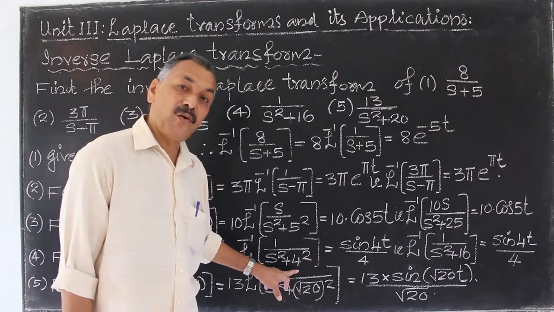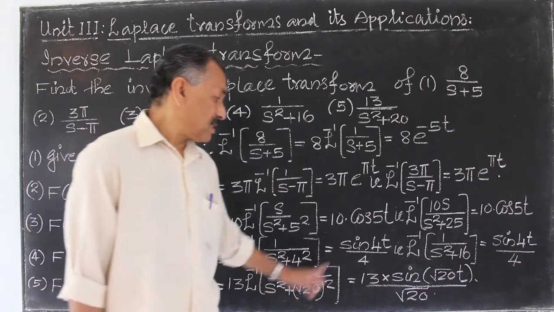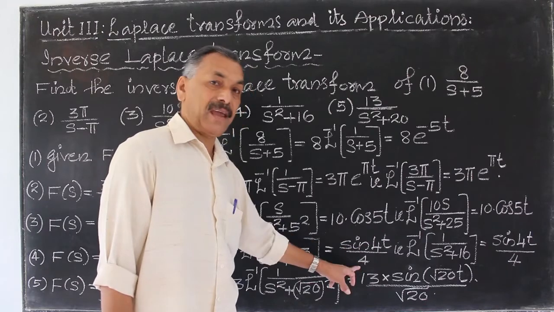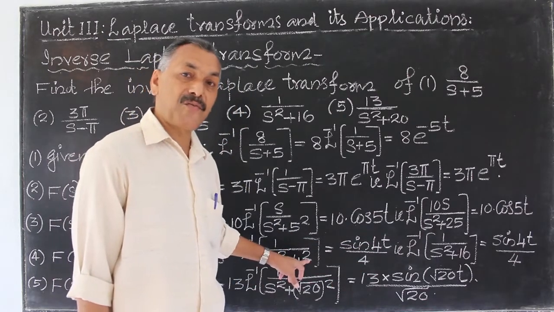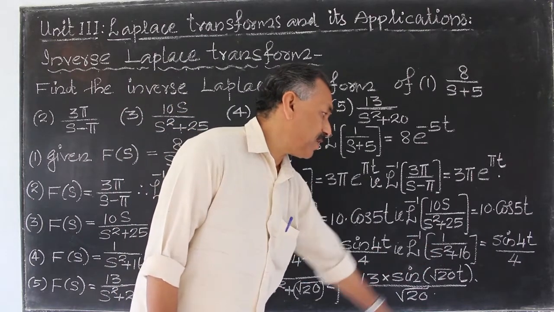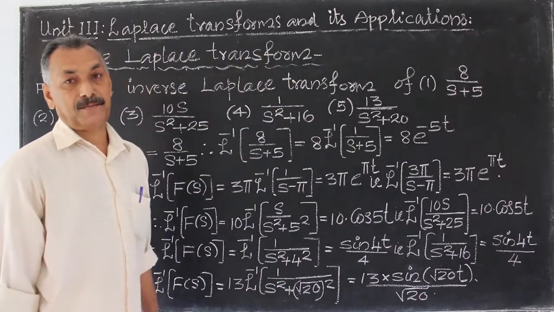Here a is equal to 4. Then 1 divided by s square plus 4 square is equal to sin 4t by 4. So L inverse of 1 divided by s square plus 16 is equal to sin 4t divided by 4.